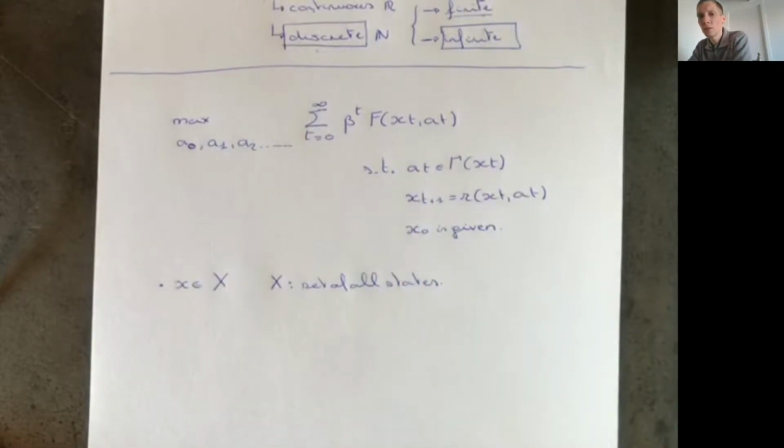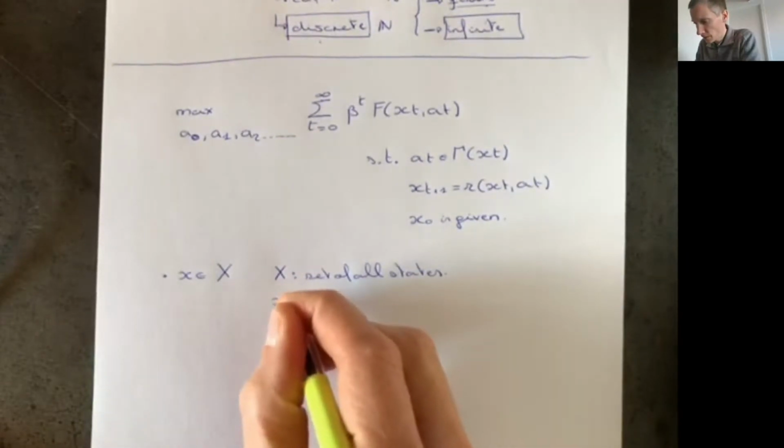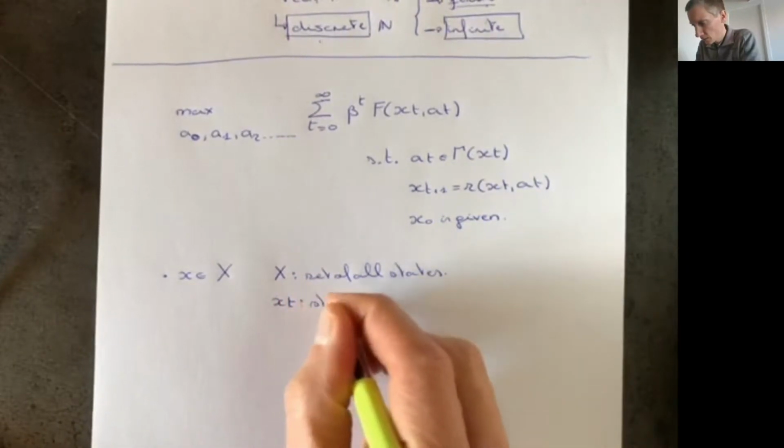And the state you can see as a state of the world. So it's basically a description of the world today, okay? At least a description of everything that's relevant for the model that you're trying to have a look at.